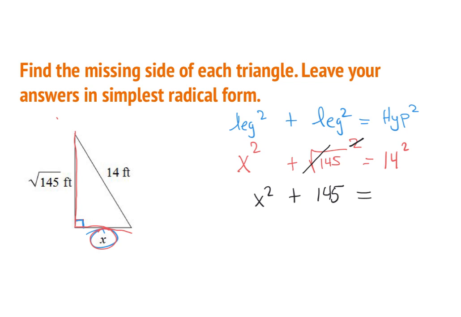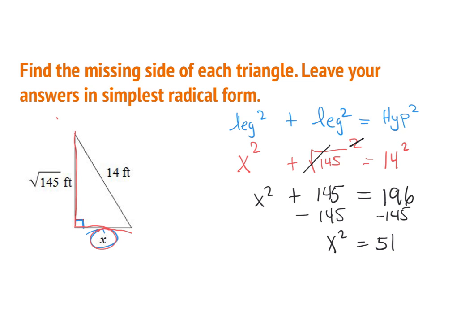And then what is 14 squared? Remember, something squared means 14 times itself. And now I'm just going to simplify. So subtract 145, so x squared is going to equal 196 minus 145, which is equal to 51.